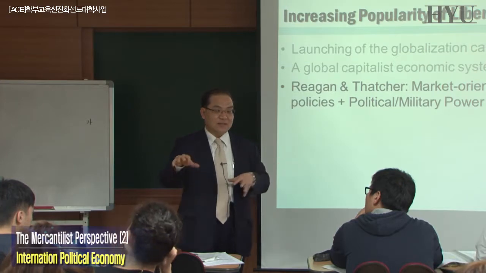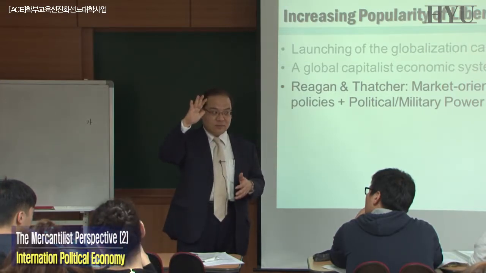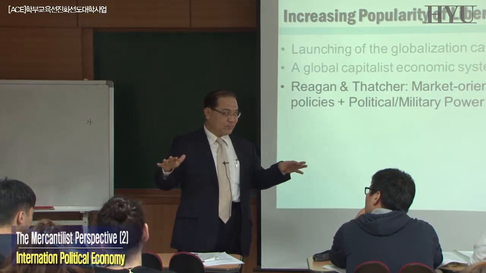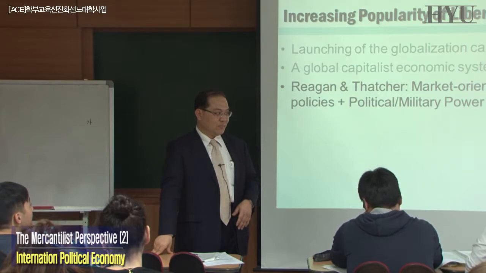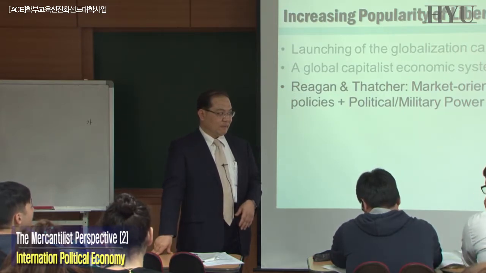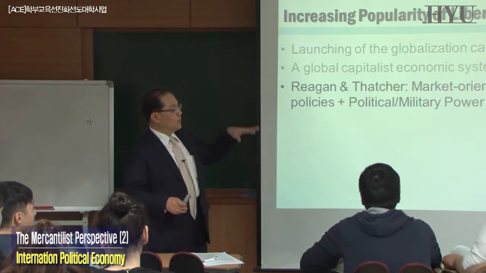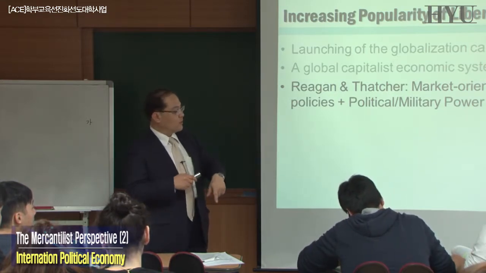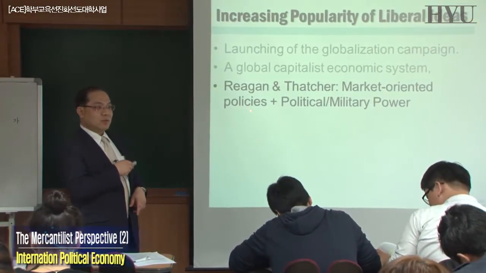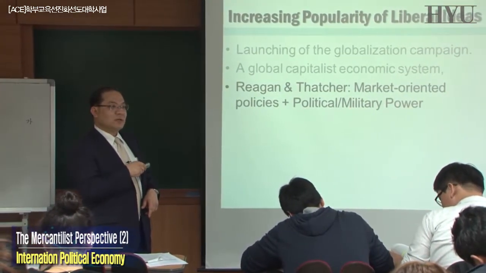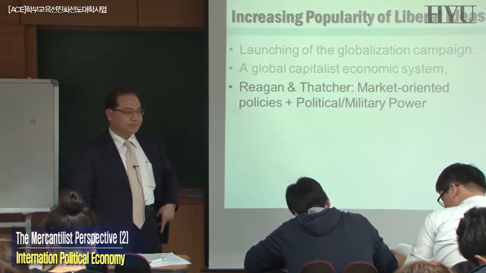The 80s and 90s globalization stage and the rise of the US happened at the same time, right? And liberal ideas became popular, but the author says it was a combination. It was market-oriented policy, but at the same time, military and political power.